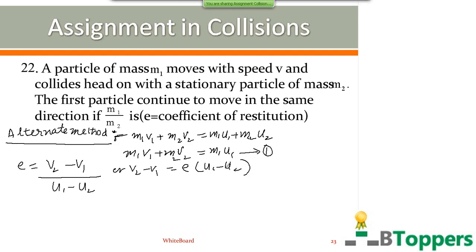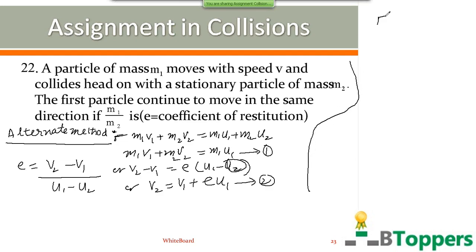So we can eliminate v2 from the two equations so that we can find v1 in terms of u1. So v2 can be written as v1 plus eu1. I have taken u2 to be 0 here. So you can substitute the value of v2 from the second equation into the first equation.